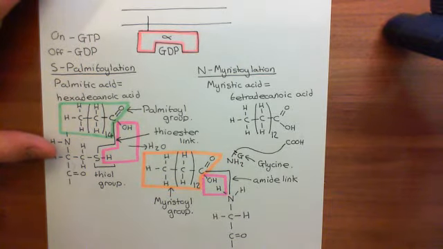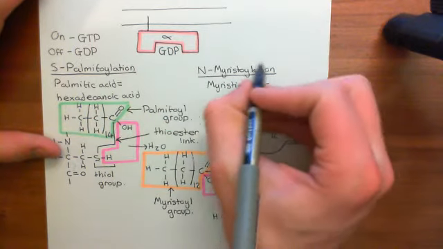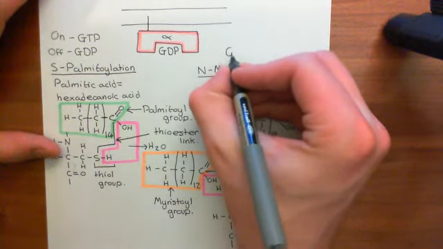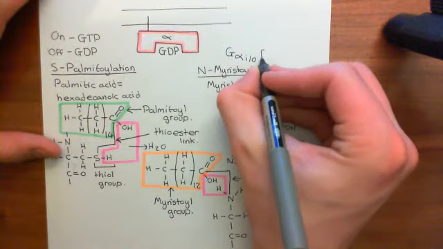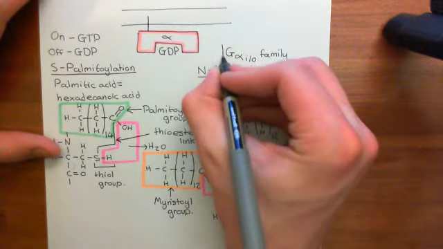Okay, right. Now, which alpha subunits then do indeed get N-myristoylated? Well, basically it is the alpha subunits which are within the G alpha I/0 family of alpha subunits of heterotrimeric G proteins.